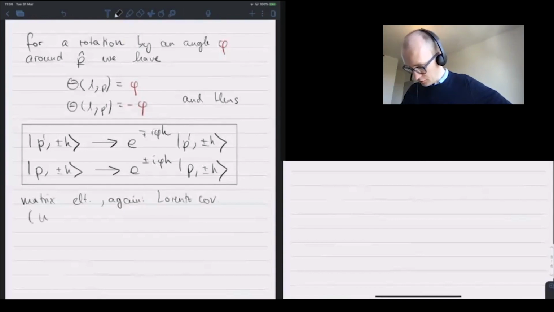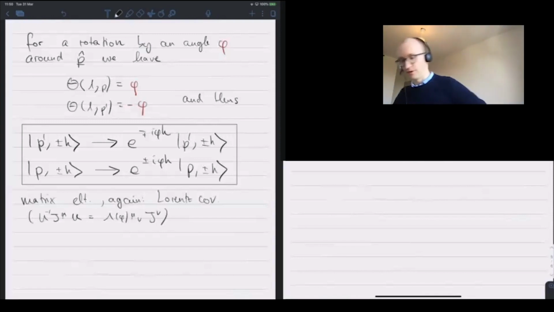We have something like U inverse J mu U, which should be equal to something like lambda of our angle phi mu nu J nu. That's something that way back we already derived.